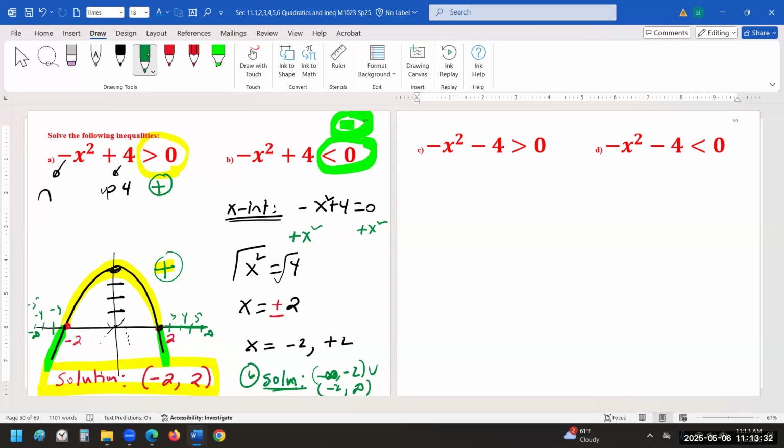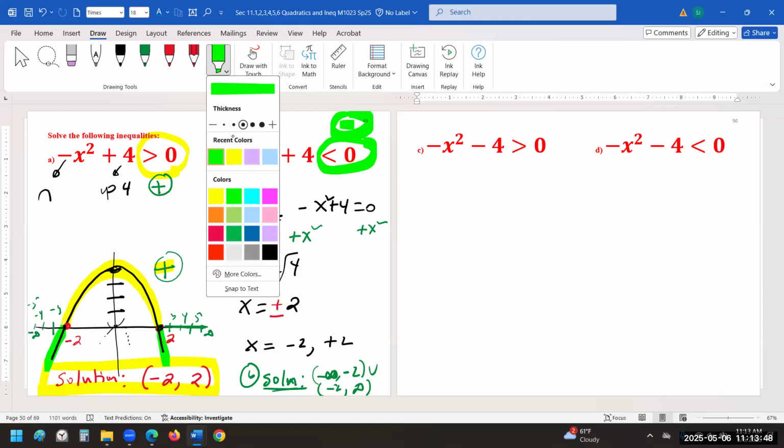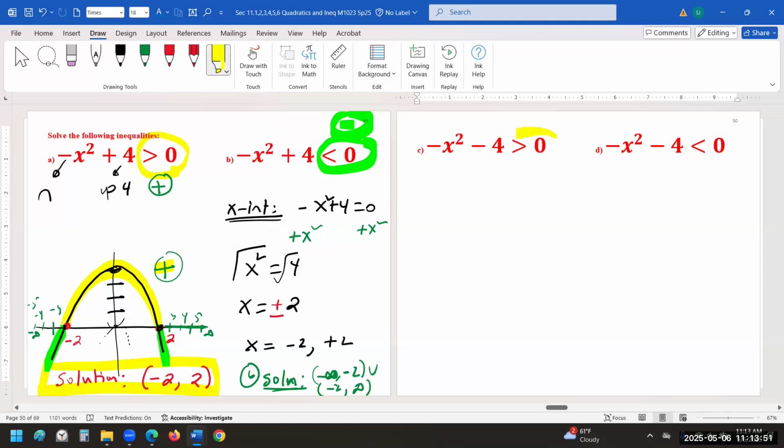Let's do a few more examples. It will be easier. First thing, observe, we have the same question. Negative x² - 4 to negative x² - 4, the same question. The difference is this. In C, what you're looking for? Something positive or something negative? Positive.